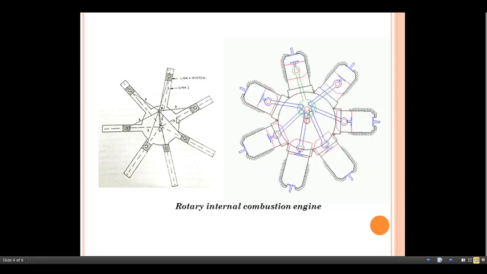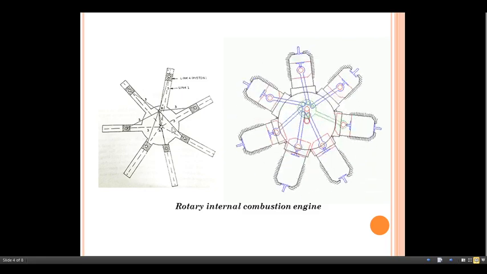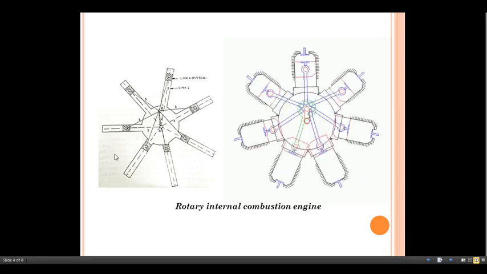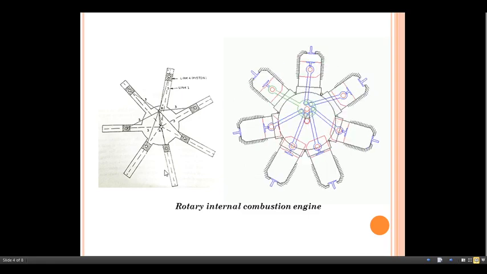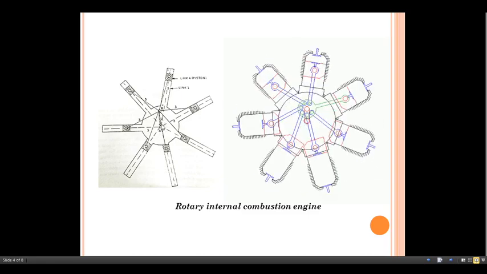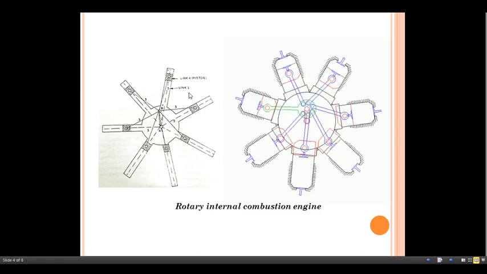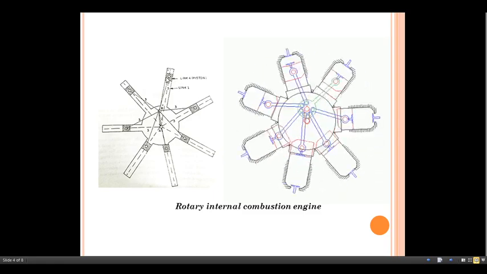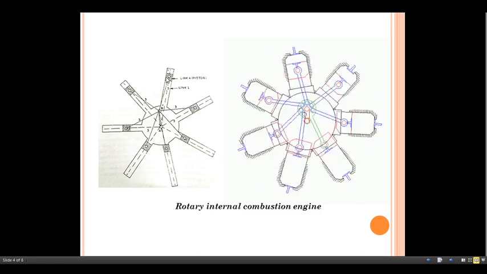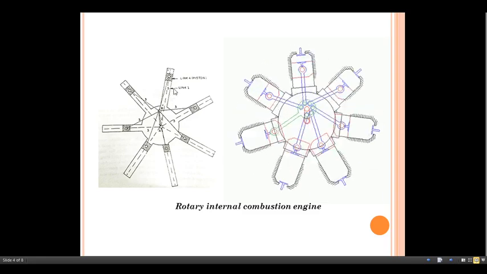If you see one by one here, this figure shows a rotary engine mechanism. In this mechanism, link number 2 is fixed, as we have already discussed. Link number 4 is made as the piston, then link number 1 is made as the cylinder.